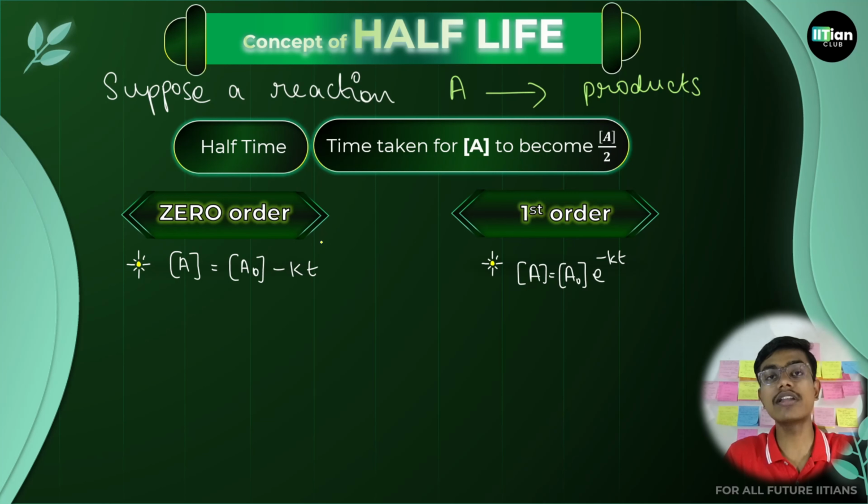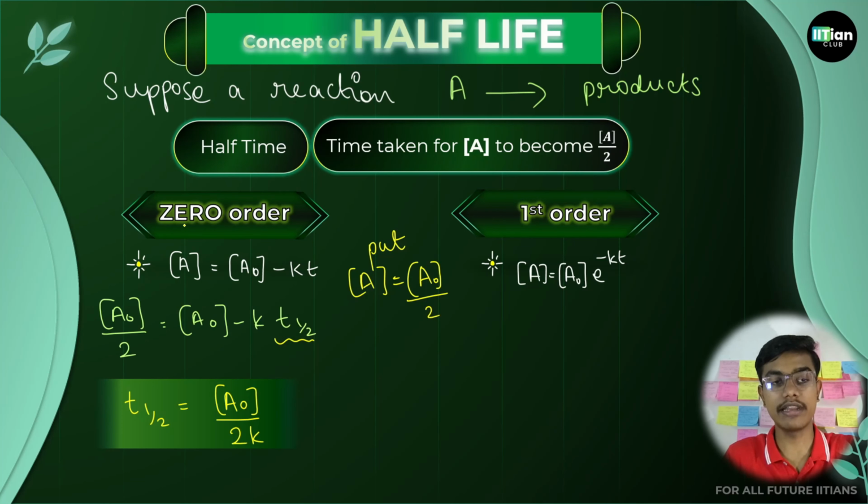And for the first order, we know that the concentration of A changes with respect to time following the expression A is equal to concentration of A at time equal to 0, e to the power minus kt. In this, we'll be substituting concentration of A at any time as initial concentration divided by 2, because at half-life, the concentration of A will be initial concentration divided by 2.